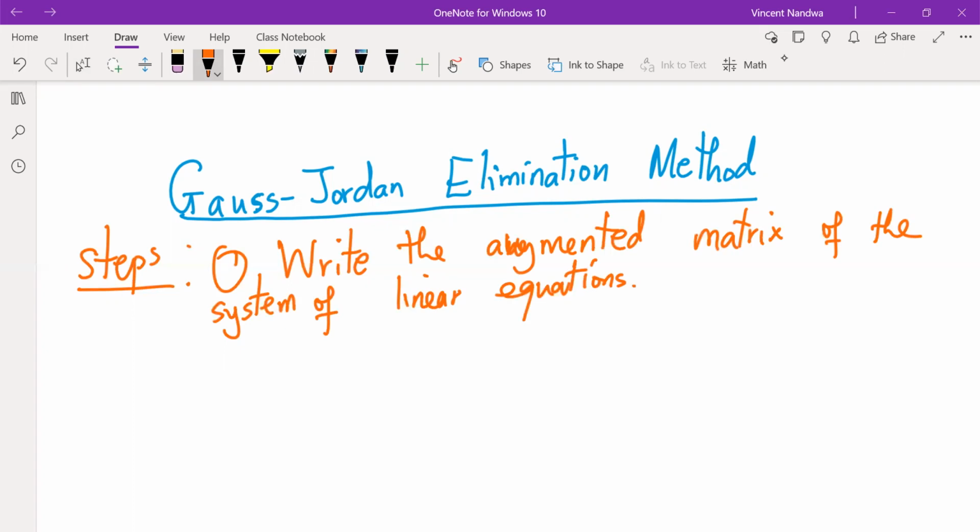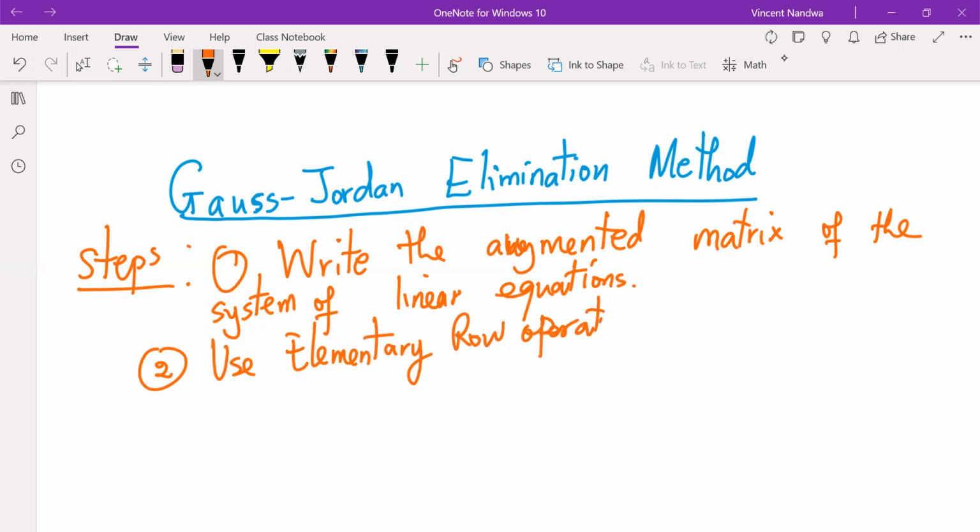Number 2, use elementary row operations to rewrite the augmented matrix into reduced row echelon form. Or you can start by writing it into row echelon form, then reduced row echelon form.